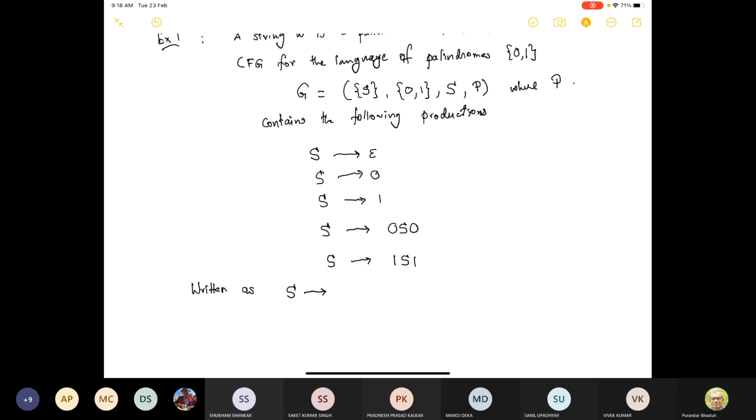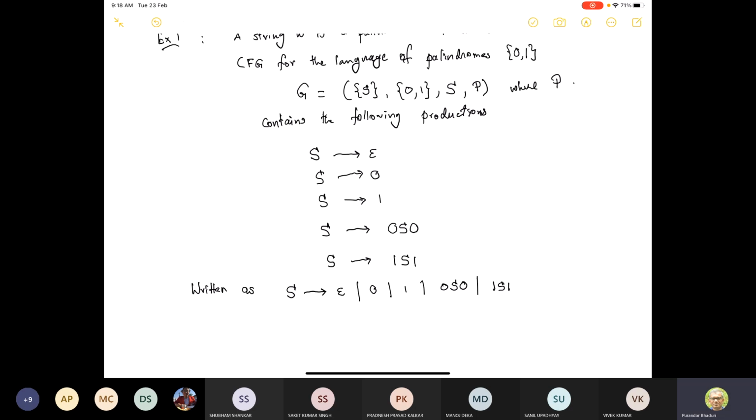S, right arrow, epsilon, then a vertical bar, 0, vertical bar, 1, vertical bar, 0S0, vertical bar, 1S1.